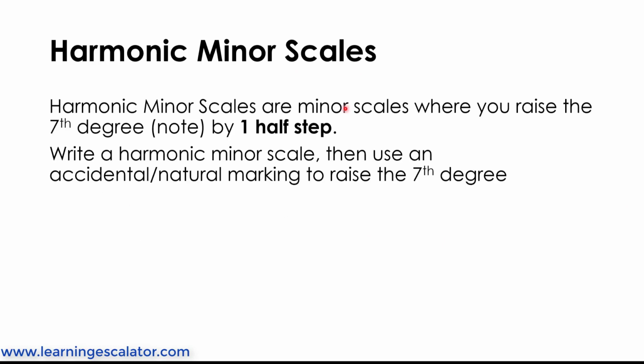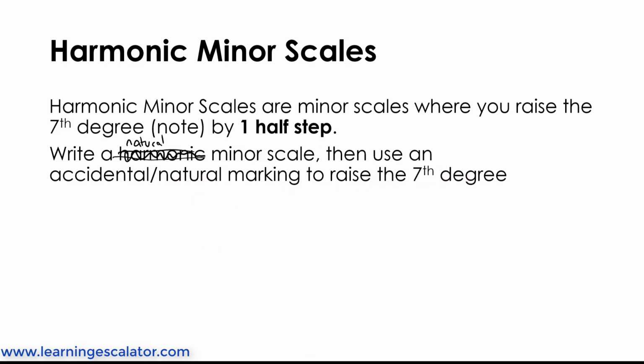Now harmonic minor scales. Harmonic minor scales are minor scales where you raise the 7th degree, which is also the 7th note in the scale, by 1/2 step. So first, to write a harmonic minor scale, I made a typo, I meant write a natural minor scale, and then you use an accidental or natural marking depending on which one you need to raise the 7th degree.